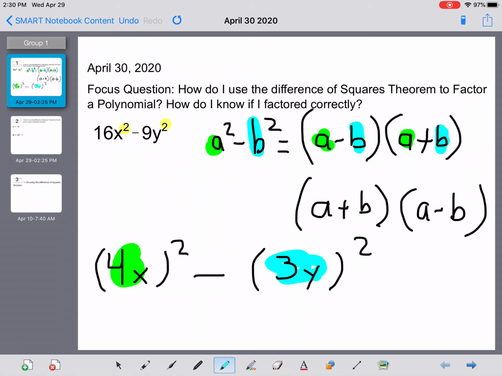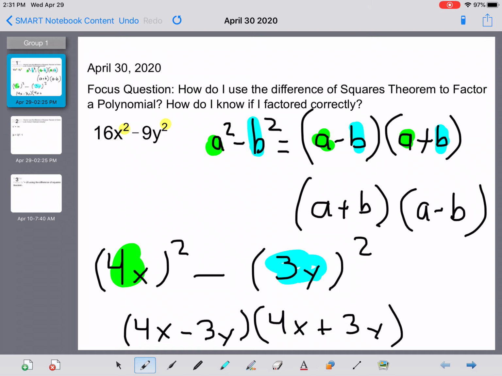So now we're just going to rewrite it in factored form, and if we do that, it's going to be a minus b, or 4x minus 3y, and then a plus b, 4x plus 3y.